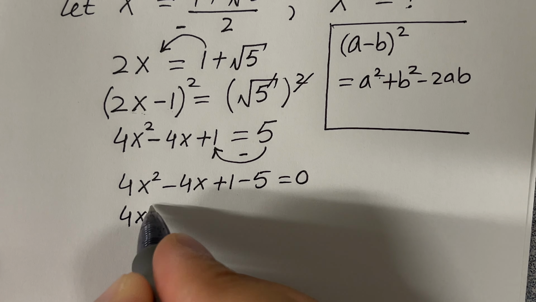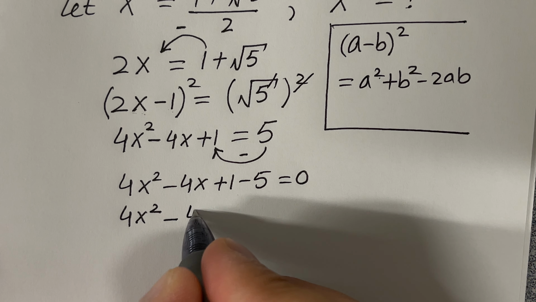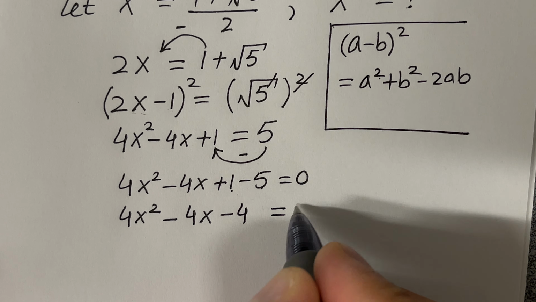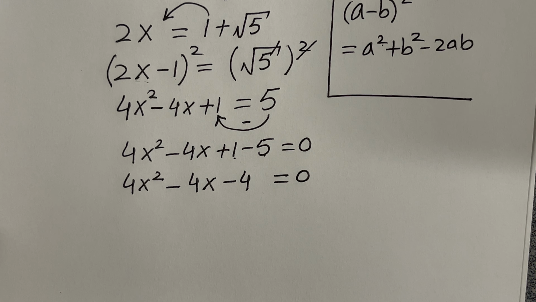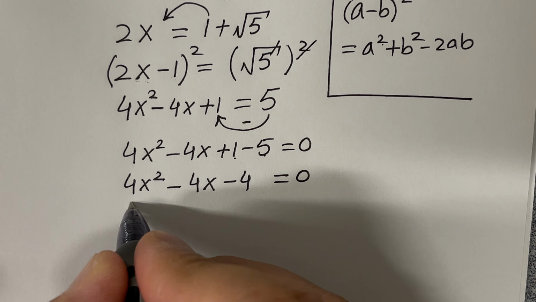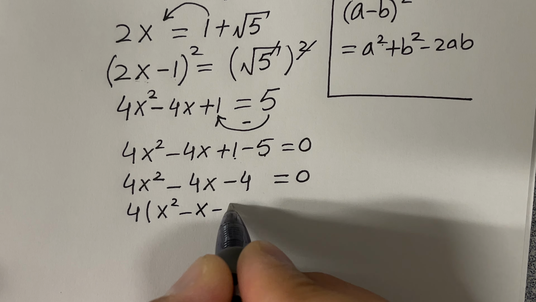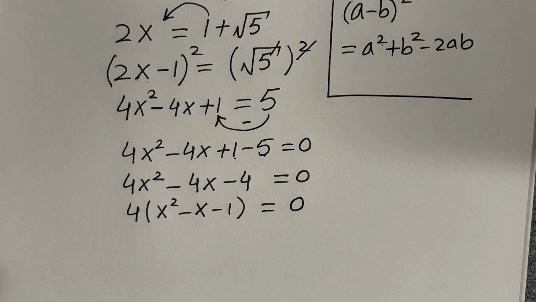Let's simplify it. We will have 4x square minus 4x plus 1 minus 5, which is minus 4, equal to 0. Let's take out 4 common. If you pull out 4, then you will have x square minus x minus 1 equal to 0.